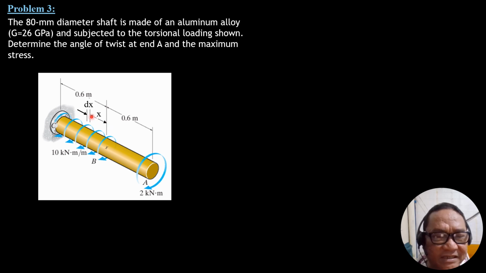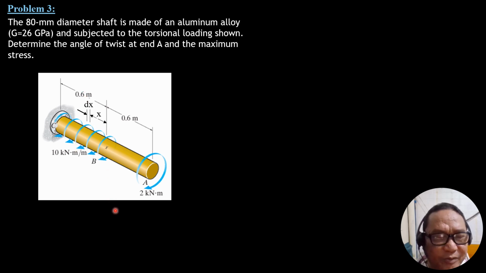So we have differential X for a differential element so that the torque will be constant in front and at the end of that section. So for the maximum torque, we have, by right thumb rule, this is -2, and since this is uniform at 10 kilonewton meter per meter, it is also negative by right thumb rule times 0.6.